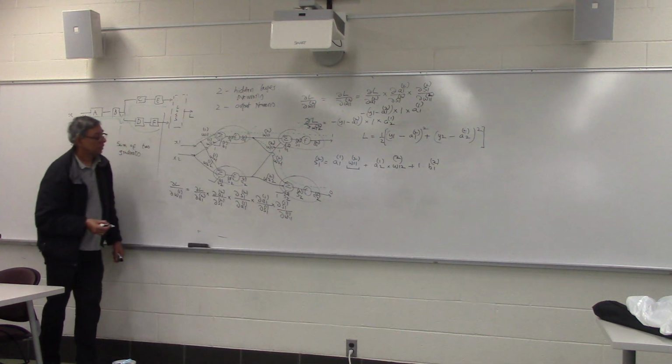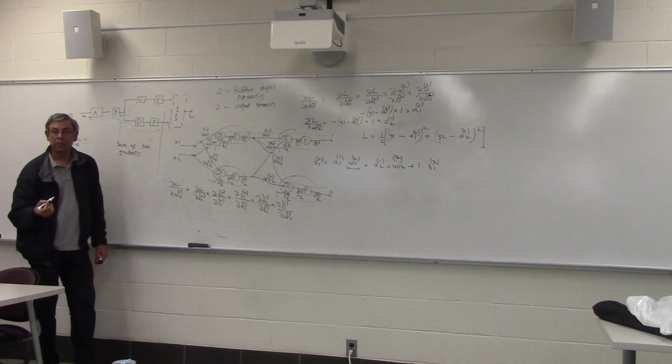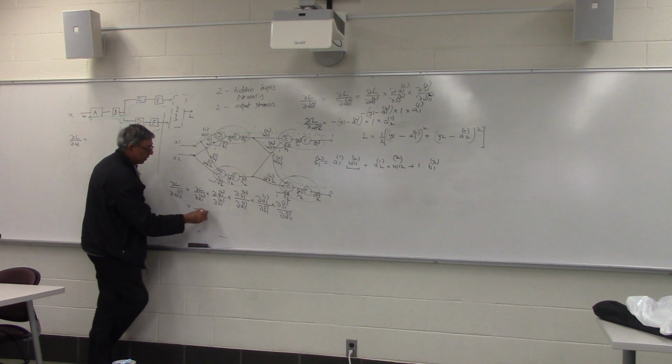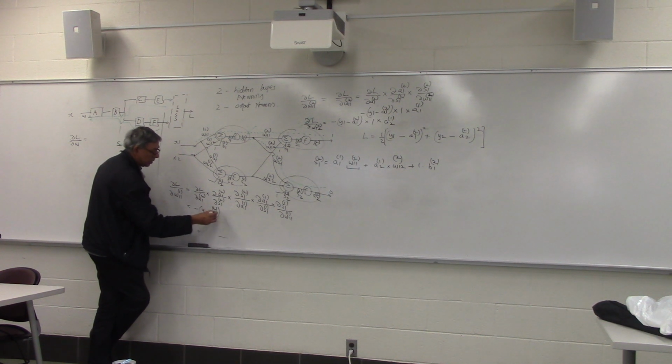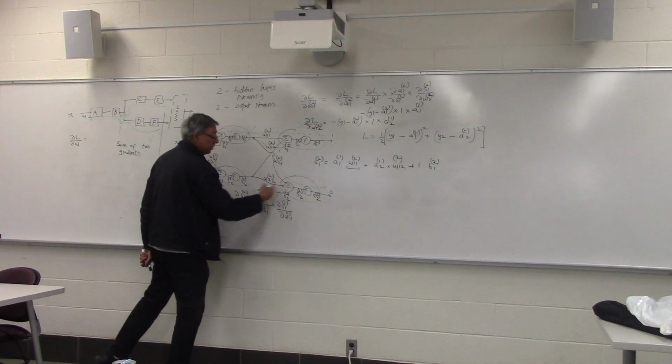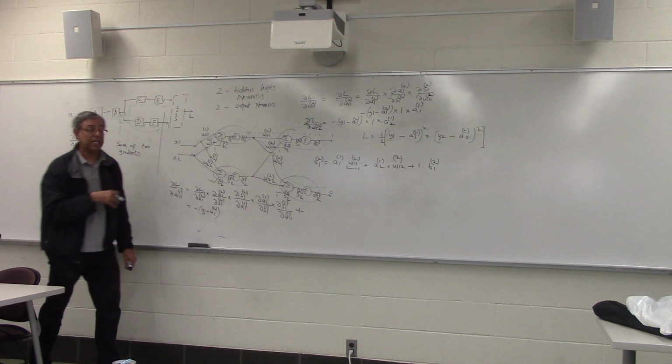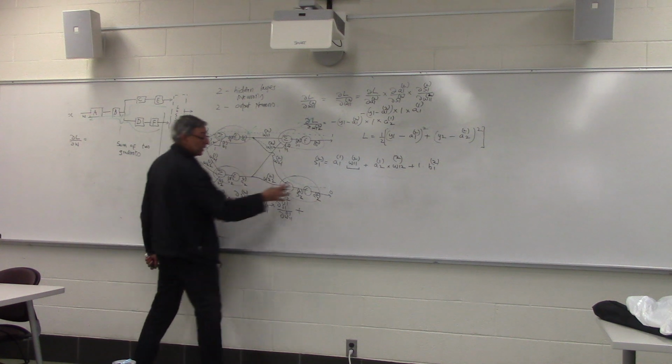Plus the slope. Okay, so what is this over here? Minus (y1 minus a1 of 2) into 1. Oh, I forgot, I haven't added the second path yet. Let me put a plus sign and do the second path also. Now let's go to the second path.